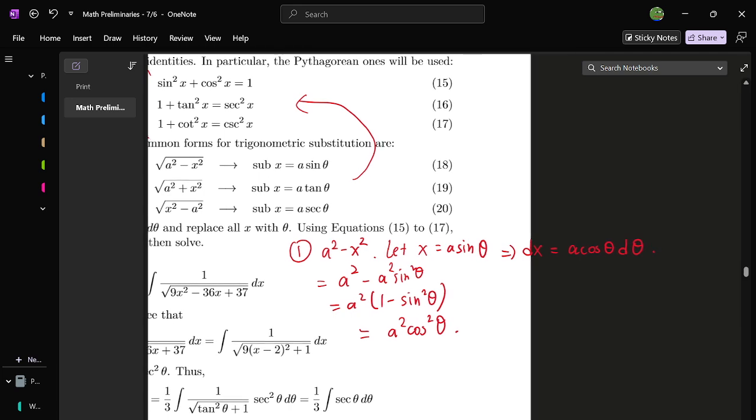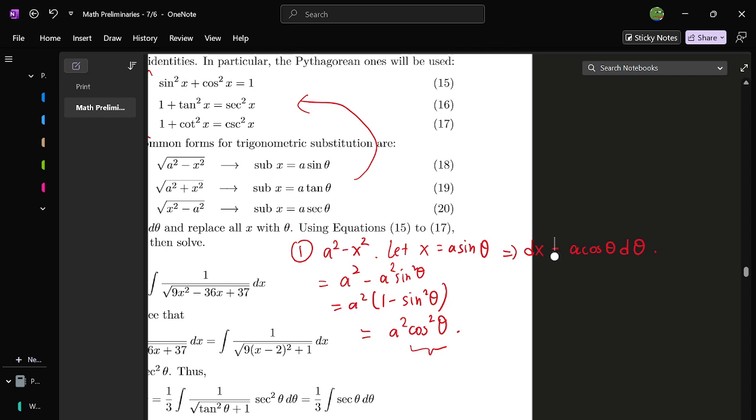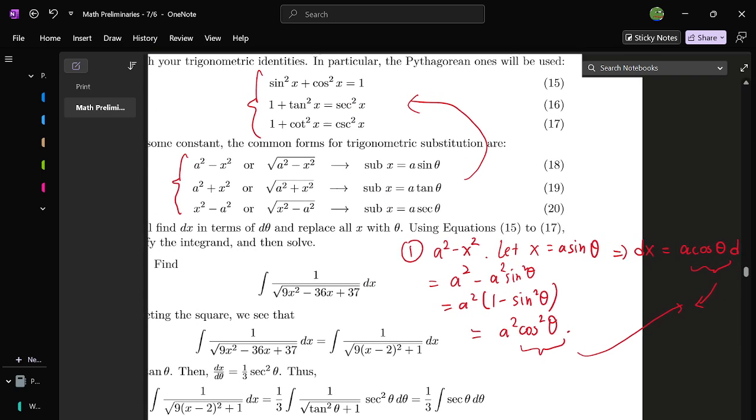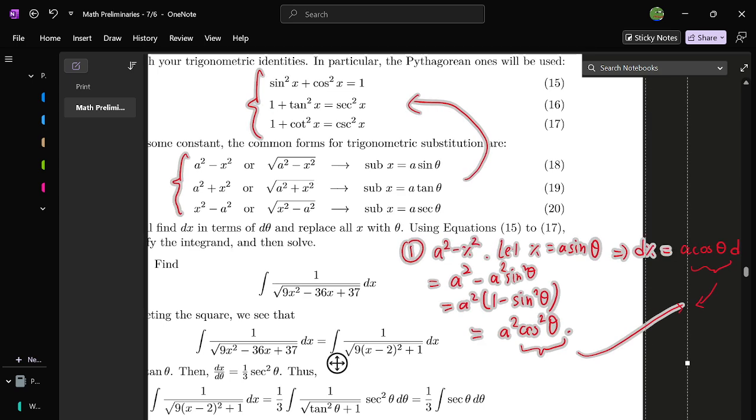Now, this is good because you have this and you have this here. So it is quite likely that you can cancel off one factor of cosine theta, or you can just write everything in terms of an integral involving cosine theta. And that should be much easier to evaluate than having something like that there.